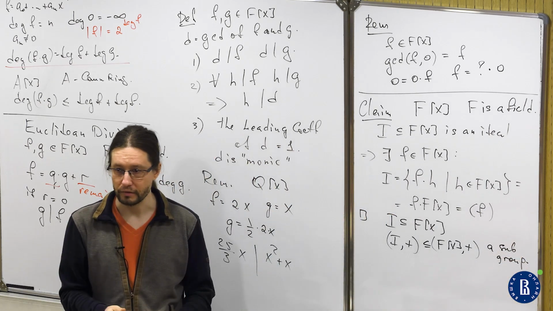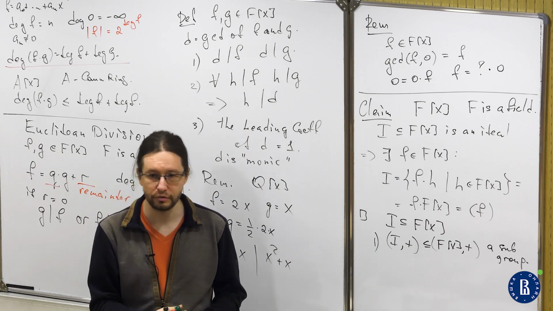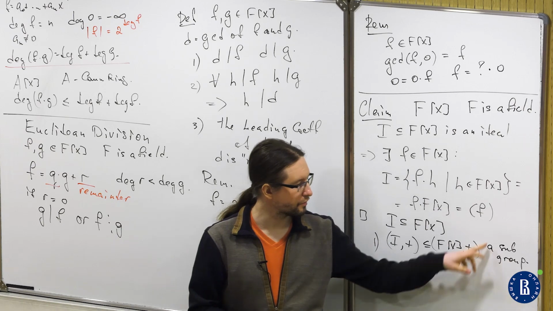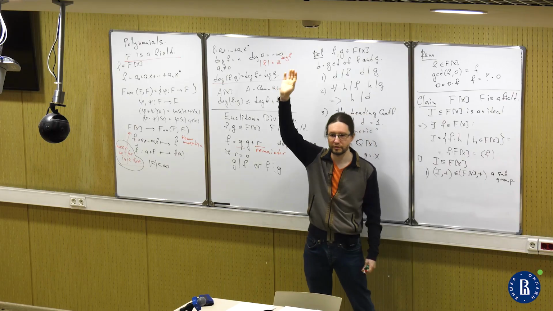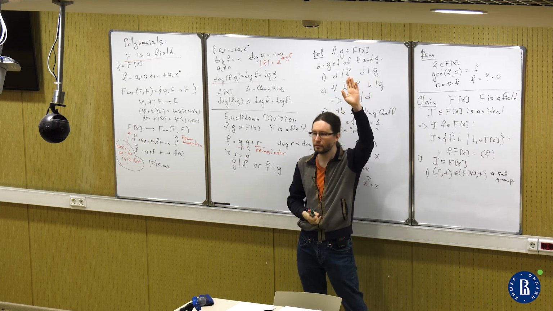This is the property number one. And before we move to the property number two, who remembers the definition of a subgroup? What kind of properties should we check? Is there anyone who doesn't?